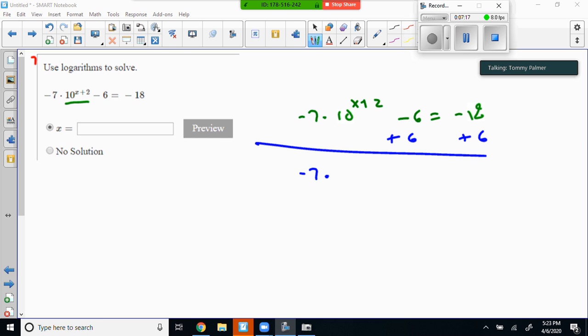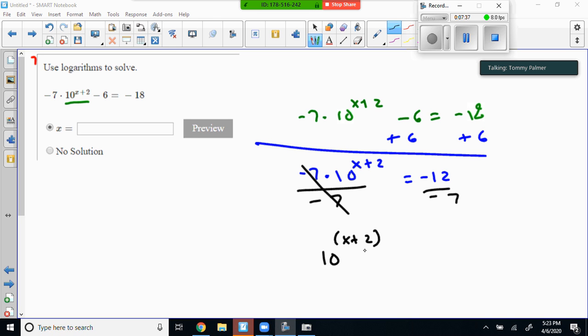So that's negative 7 times 10 raised to x plus 2 equals negative 12. Now we're going to divide by negative 7. That cancels that out, leaving me with 10 to the x plus 2 equals 12 sevenths.